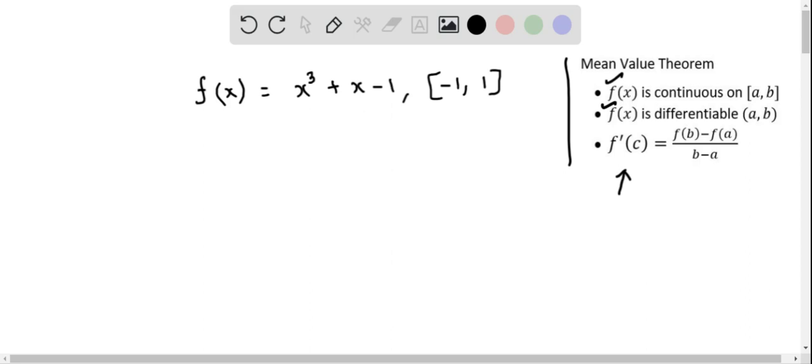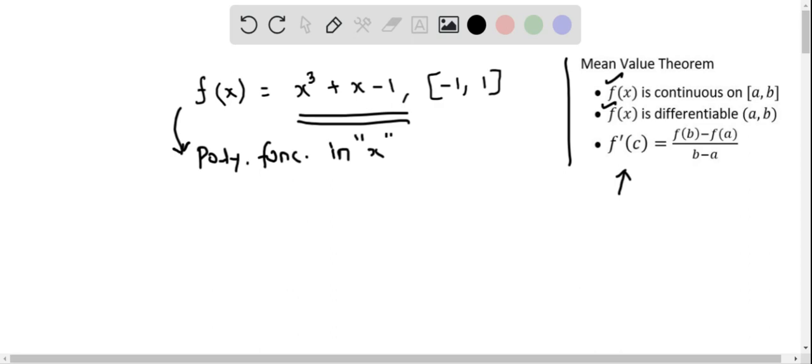Clearly this function is continuous because it's a polynomial function in x, and all polynomial functions are continuous in their domain. So going by that justification, we say that this function is continuous in the interval -1 comma 1, as well as polynomial functions are also differentiable in their domains.